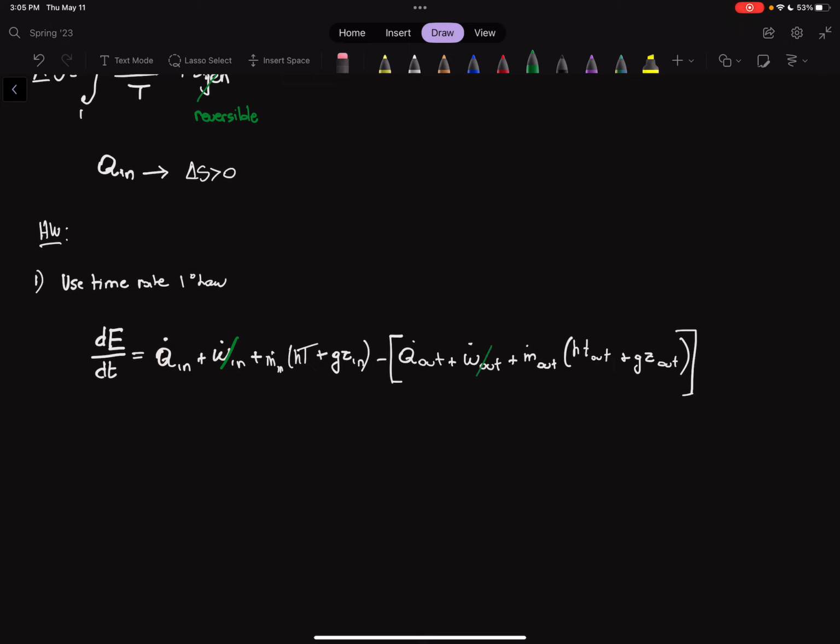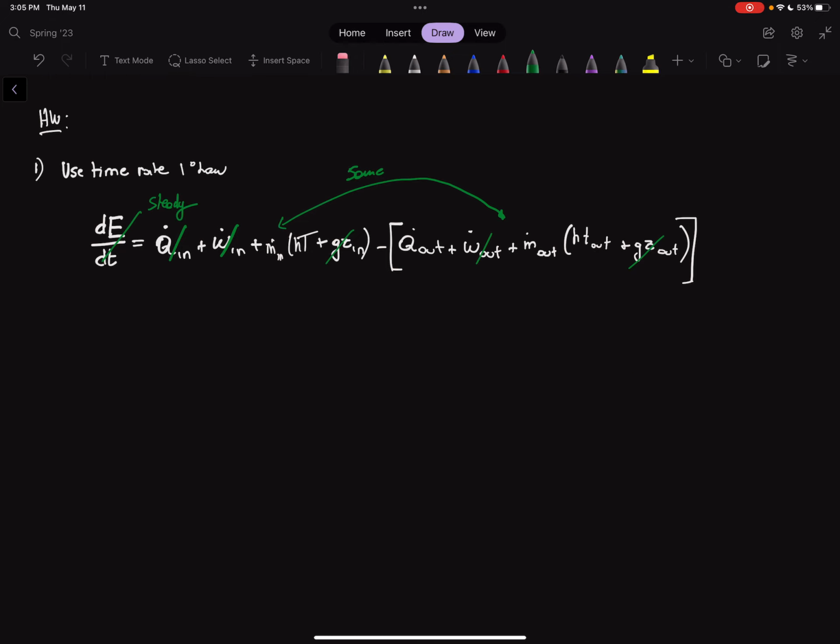Single in, single out, so m dot in equals m dot out. And since that's horizontal, we don't go up or down. We don't consider any altitude change, so we can neglect the potential energy effect. And that's steady state, so the left hand side, dE over dt, is 0. So then what we have is 0 equals Q dot in plus m dot times HT in minus HT out.